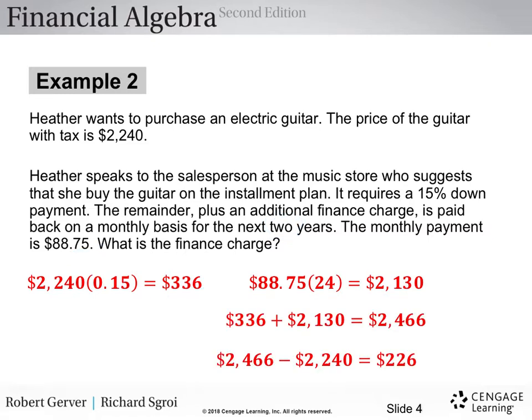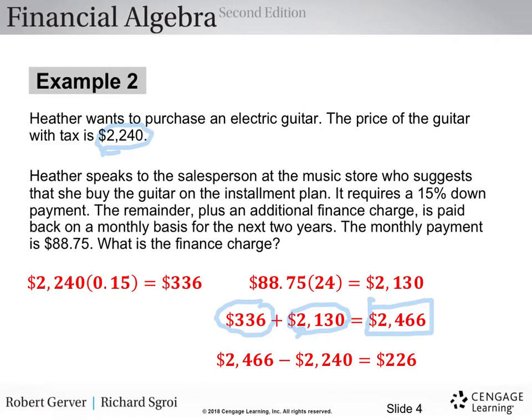Well, if I add that $2,130 in monthly payments, plus her down payment of $336, we come out with that she has ended up paying for that guitar $2,466. Well, the original price was only $2,240.